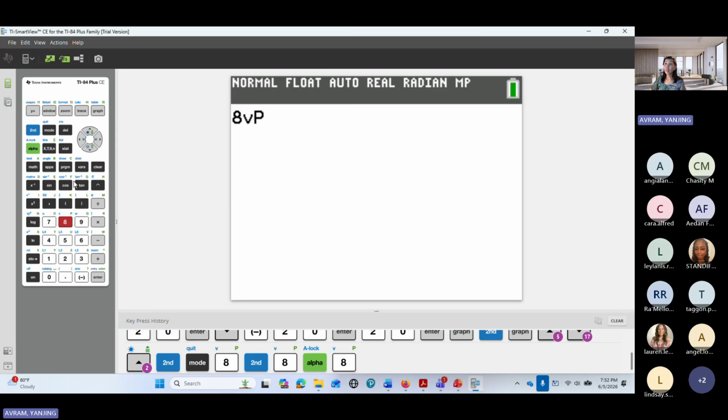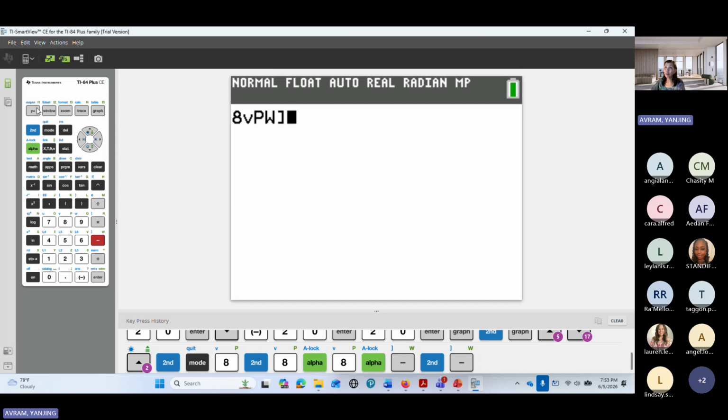So if you want to access the blue color, you have to hit second first, right? And then if you want to access the green color, let's see, I want a W in here. So W is under the green color. So I need to hit alpha minus so I can get a W. But if I want to get this bracket in here, I will have to use the second in here. Okay, so that is just giving you a little bit of the function of the calculator.